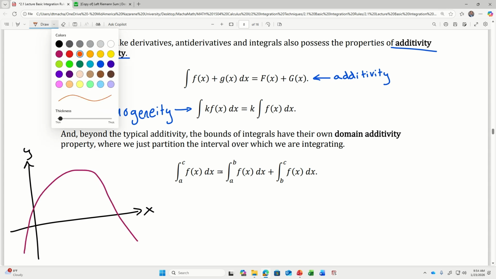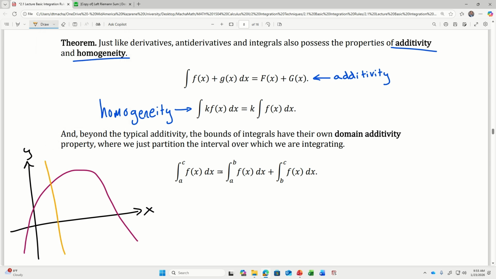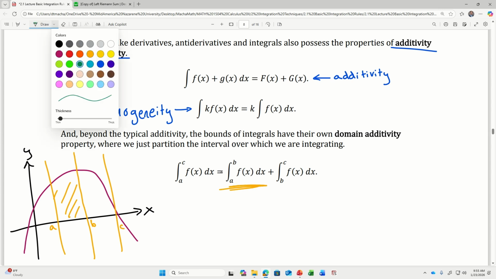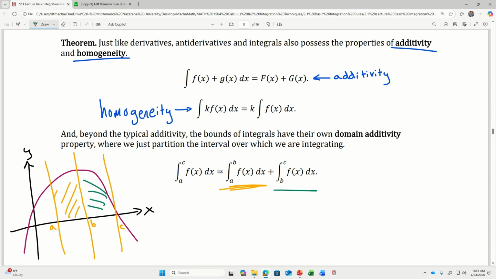And I want to know what is the integral of this function between this point A and this point C. Well, if there was some motivating reason why I would want to split this into two integrals, one integral from A to B and another integral from B to C, to get the original integral that goes all the way from A to C, I could just add those two together.